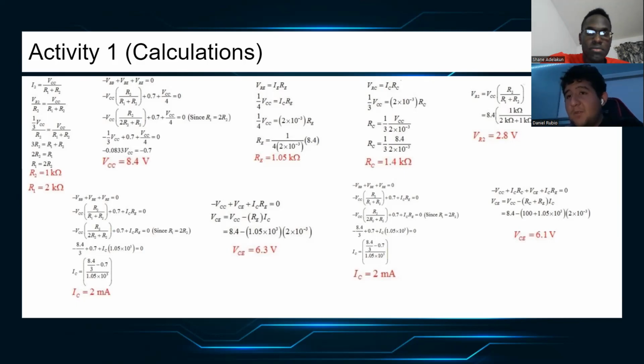We have RC 1.4K ohms, and VR2 with the value of 2.8 V. On the left bottom corner, we have IC 2 mA for the current, VCE 6.3 volts, IC 2 mA for the current, and VC we have 6.1 volts. As you can see, these are the calculations.